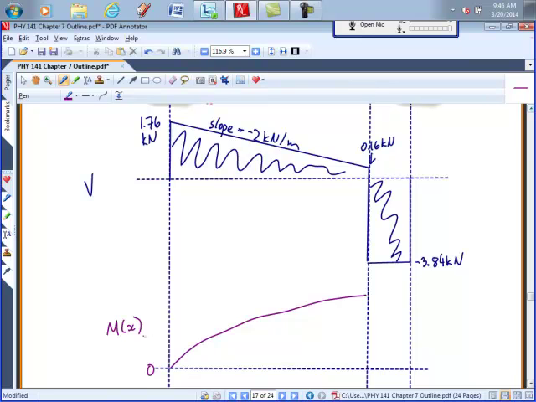What's the relationship between the moment and the shear? This is the slope of this graph, but the values on this graph are the area under this graph.